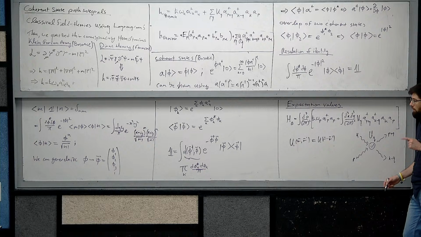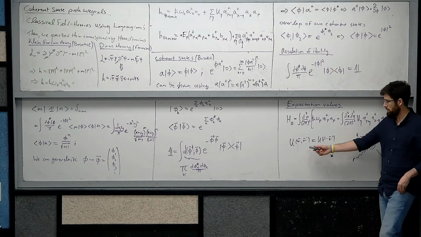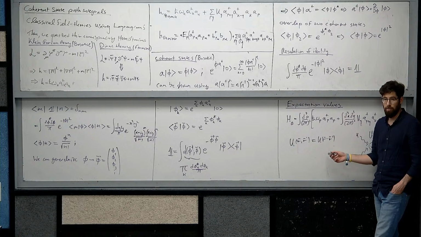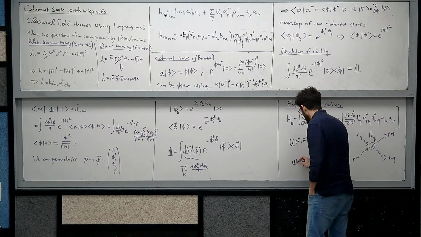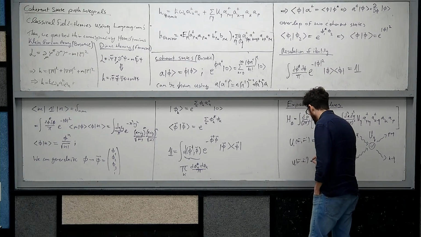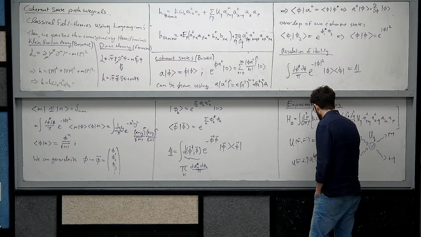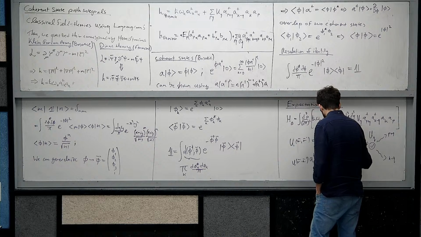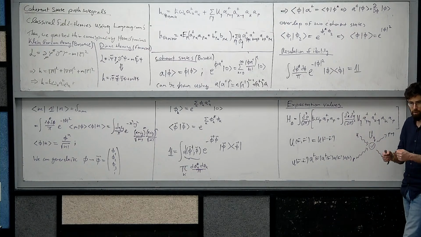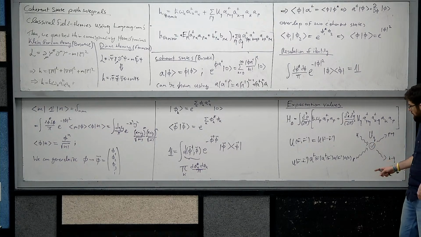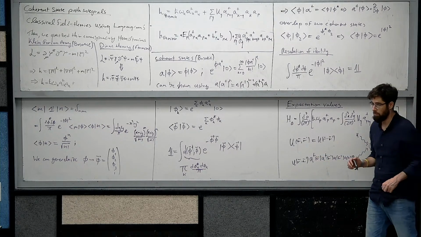And at home, you can convince yourself by starting from a real space interaction like this, and having a term that looks like U of R minus R prime times a dagger of R, a dagger of R prime, a of R prime, a of R, which is basically a local particle-particle interaction, and you can Fourier transform this and you will get this form.